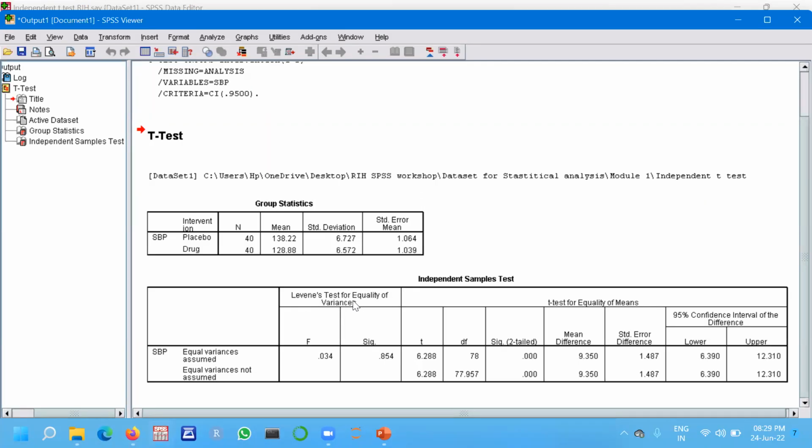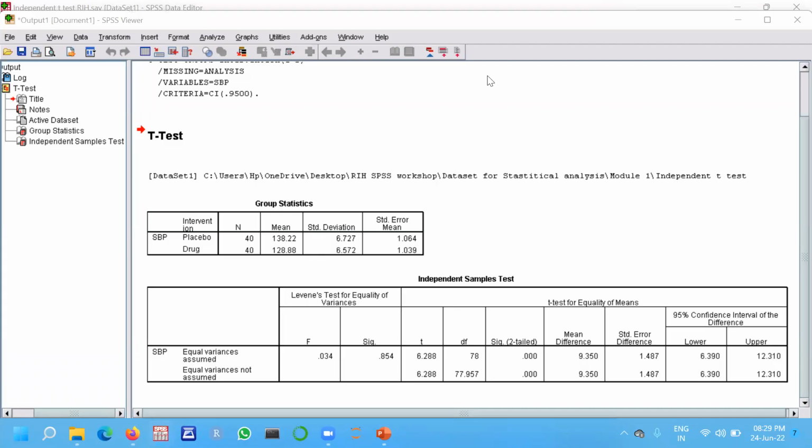Here, the significance, this is one of the tests of assumption. So what is the p-value for a test of assumption? Anybody please respond. What is the p-value? Significant p-value for tests of assumptions.